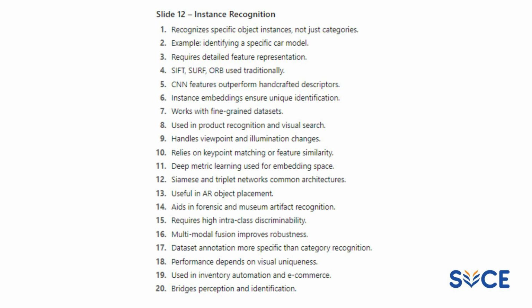Third one is the representation and matching, because each instance is represented as a feature vector or embedding in a high-dimensional space. Next, during recognition, the input image's embedding is compared with those in the database using a similarity metric, for example, cosine similarity or Euclidean distance.